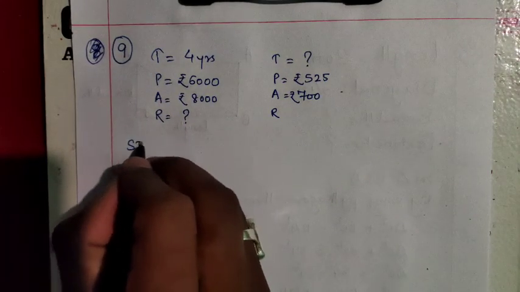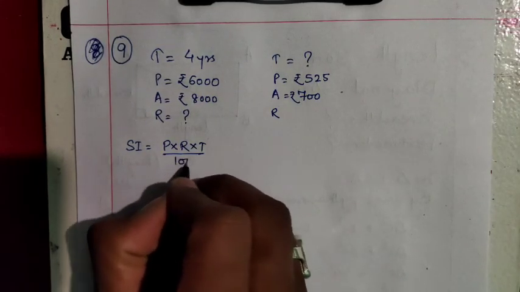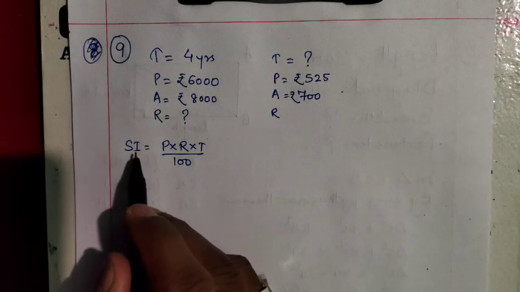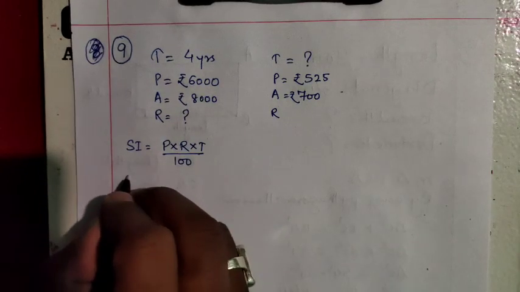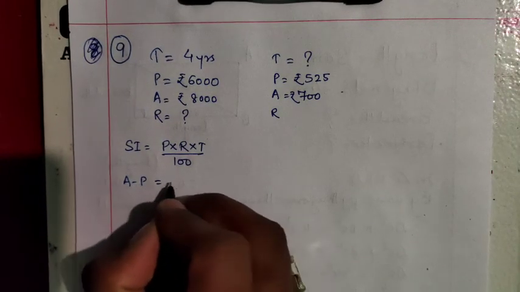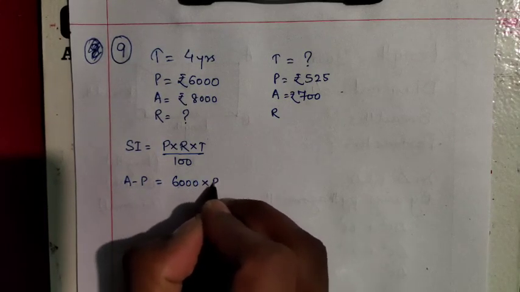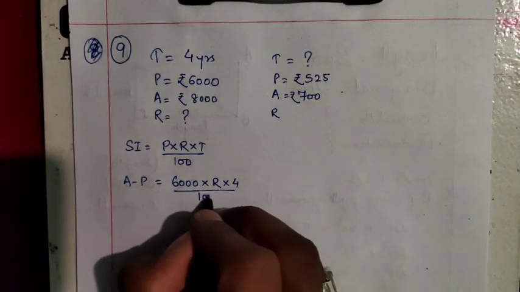So SI is equal to P into R into T by 100, and SI is not given. So there is one formula for calculating SI: if amount and principal are given, SI is amount minus principal. In place of SI we will write amount minus principal is equal to principal, which is 6,000, into rate, which we have to calculate, and time, which is given, 4 years, by 100.